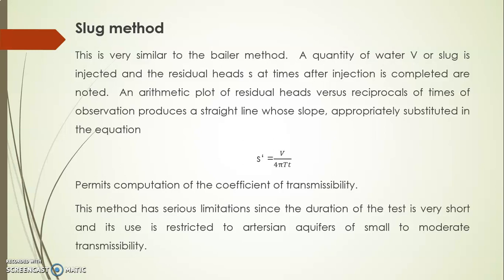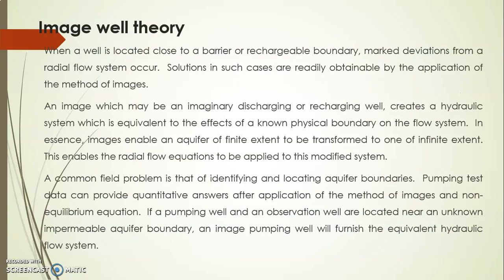An arithmetic plot of residual heads versus reciprocals of times of observation produces a straight line whose slope, substituted in the equation s' equal to V by 4 pi T into t, permits computation of the coefficient of transmissibility. This method has serious limitations since the duration of the test is very short and its use is restricted to artesian aquifers of small to moderate transmissibility.